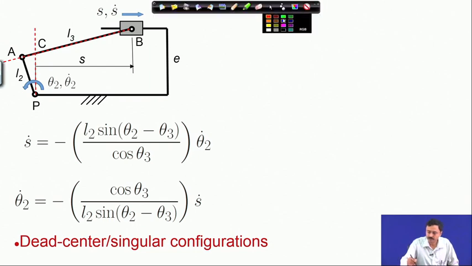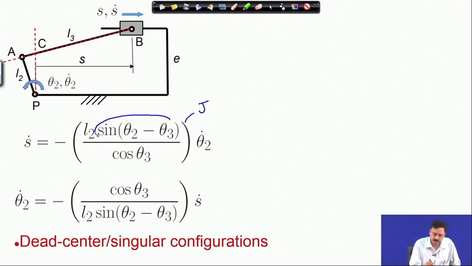So, this is our Jacobian. When is Jacobian singular? That means non-invertible, when it becomes 0. Jacobian is singular or non-invertible when it becomes 0.